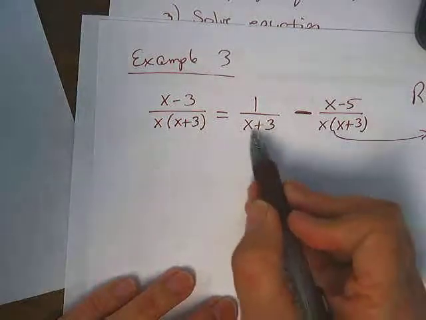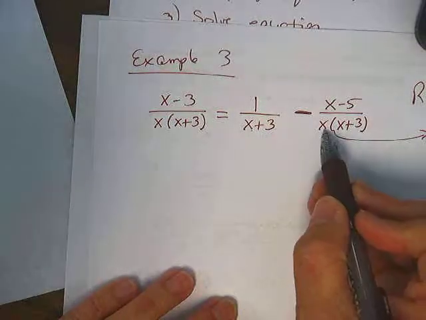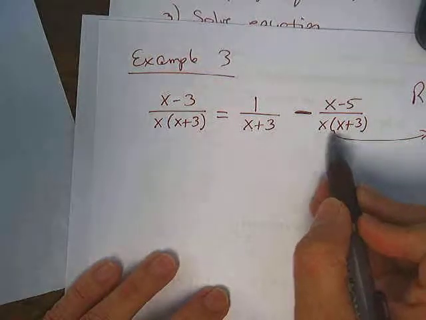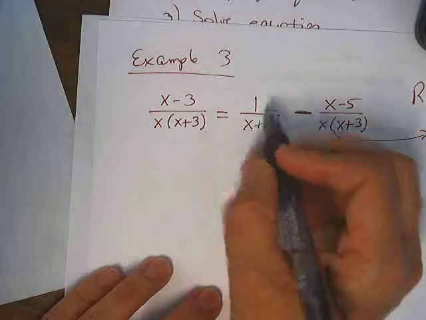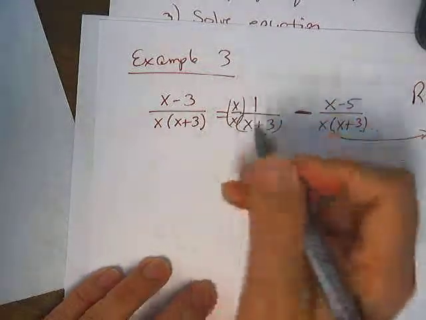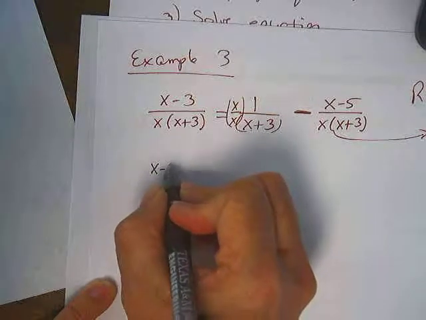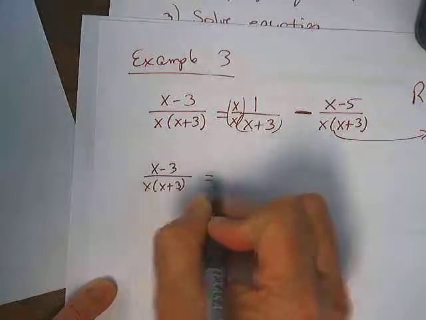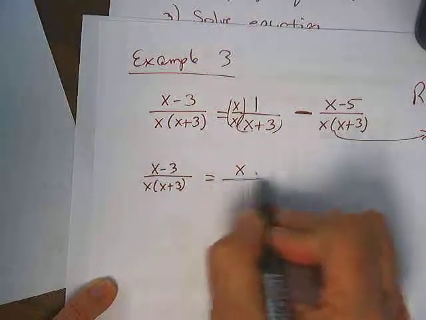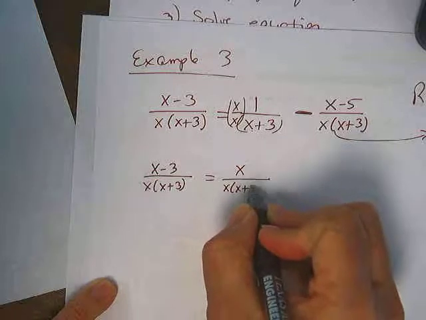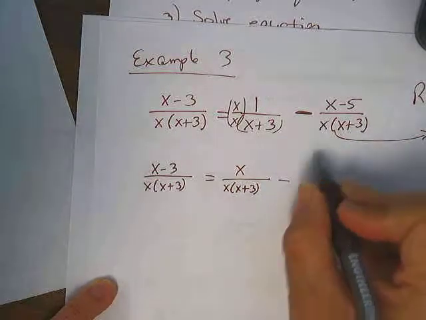So my lowest common denominator is x times x plus 3, and I'll need to multiply this fraction by x over x. So if I rewrite it, I'm leaving the left side alone. x times 1 is x. x times x plus 3, we're going to go ahead and just leave it the way it is, at least for now. x minus 5 over x times x plus 3.